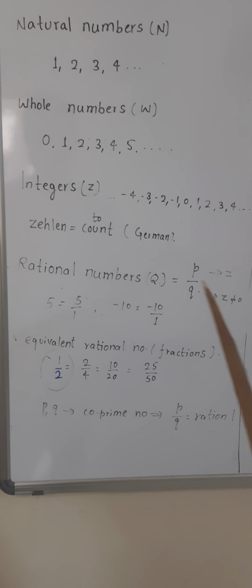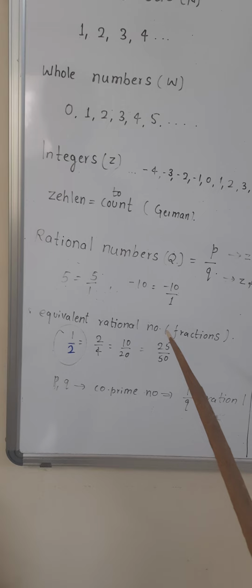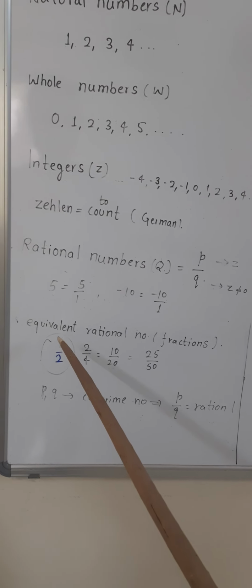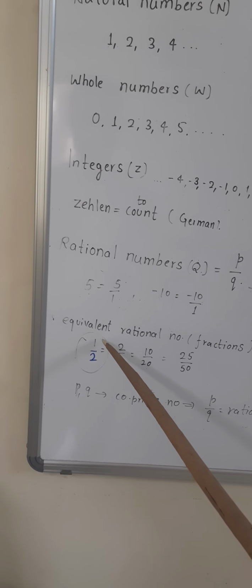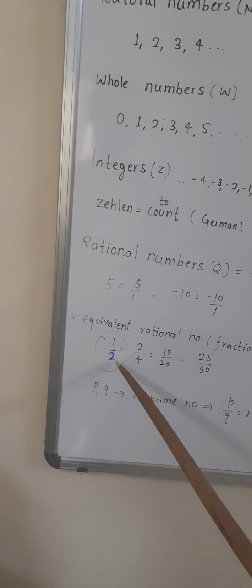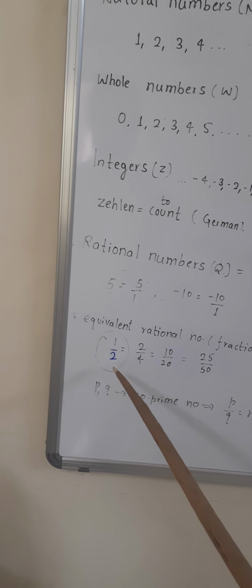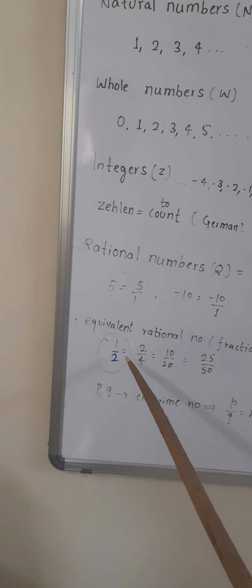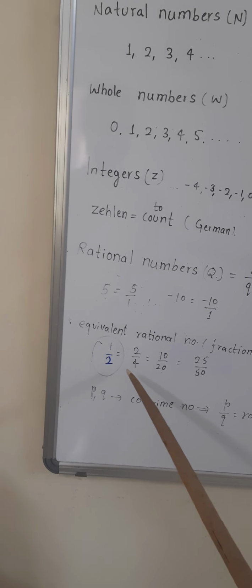Now there is one additional thing, equivalent rational numbers or fractions. What is this? Suppose there is a rational number 1 by 2. The numerator P is an integer, the denominator Q, which is 2, is also an integer, and the denominator is not 0. So this is a rational number. If we multiply both numerator and denominator by 2, it is equivalent: 2 by 4.